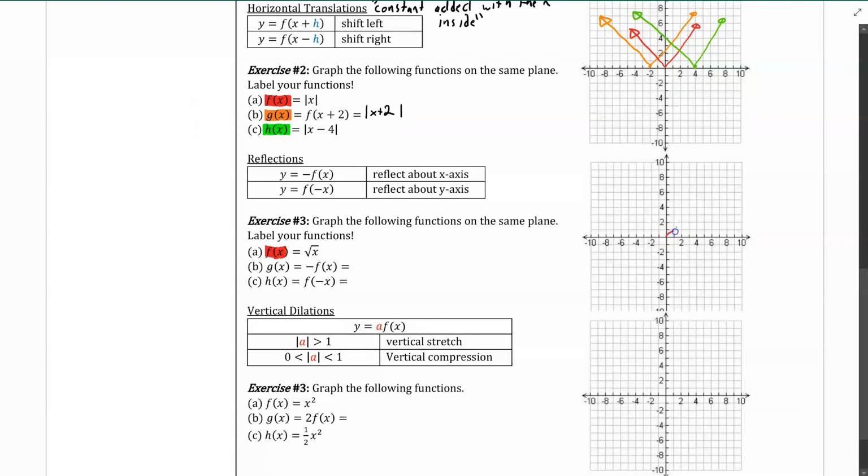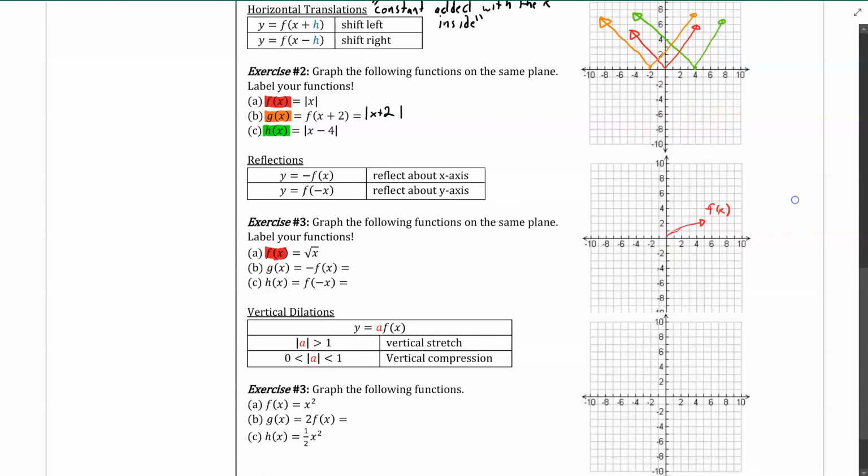So here's my basic square root of x function in red. And so g of x is equal to negative radical x, flipped or reflected about the x-axis.